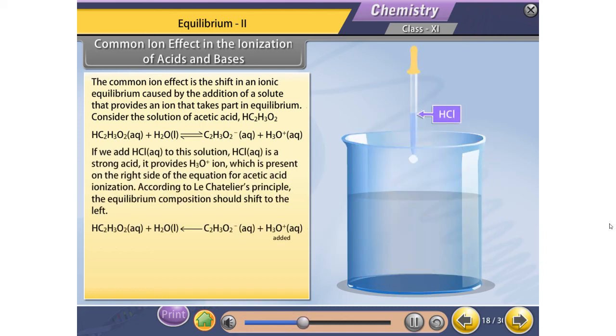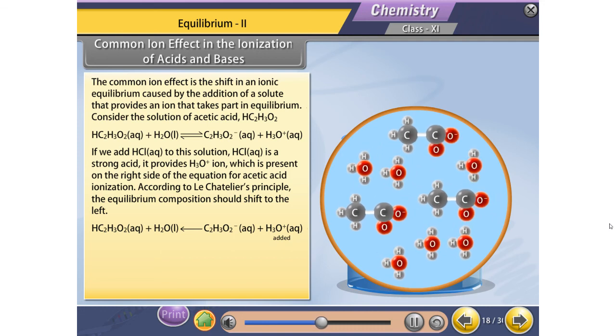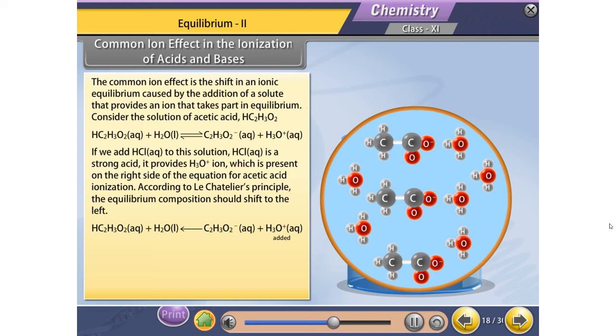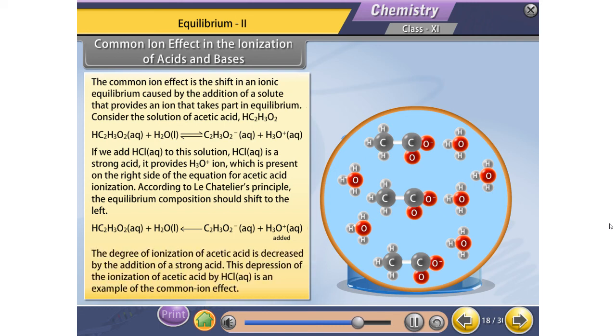If we add aqueous HCl, a strong acid, to this solution, it provides H3O+ ions, which are present on the right side of the equation for acetic acid ionization. According to Le Chatelier's principle, the equilibrium composition should shift to the left. The degree of ionization of acetic acid is decreased by the addition of a strong acid. This depression of the ionization of acetic acid by HCl is an example of the common ion effect.